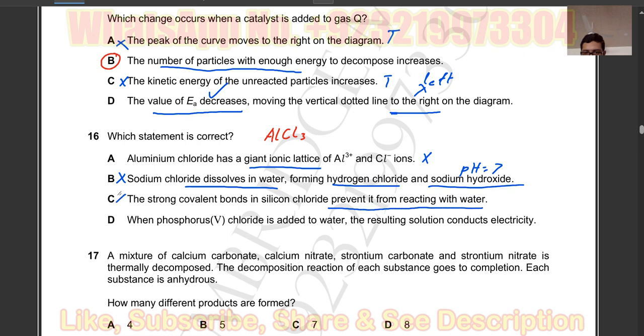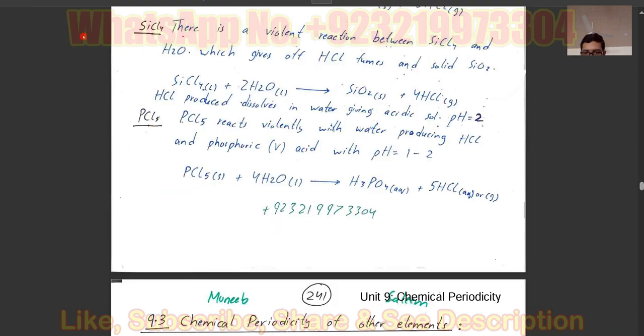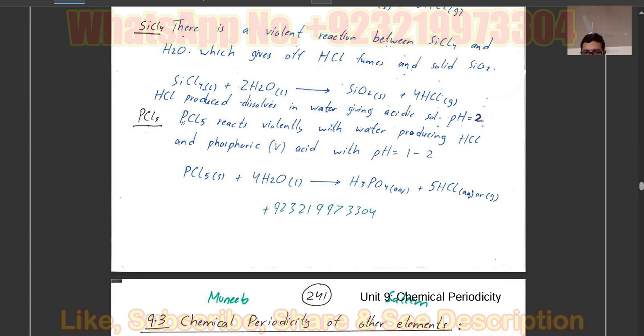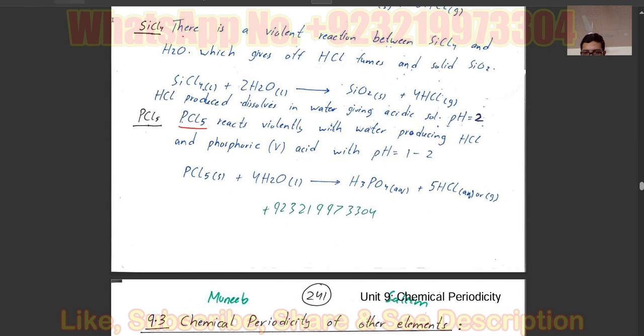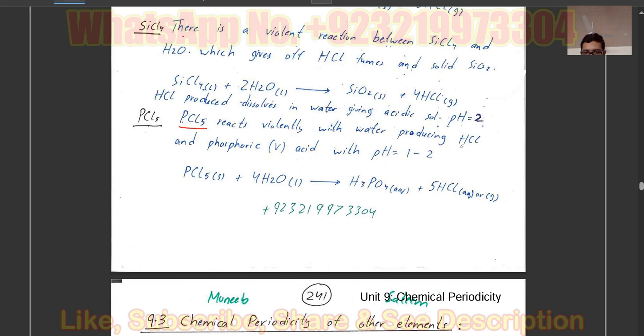That is incorrect. The last option is: when phosphorus chloride is added to water, the resulting solution conducts electricity. Let's see that. In these notes, you can see that when PCl5 reacts with water, there is a violent reaction, and as a result, HCl is produced. Now, you should know that HCl is a very strong acid.